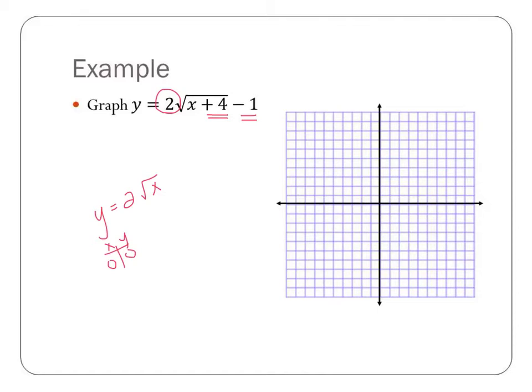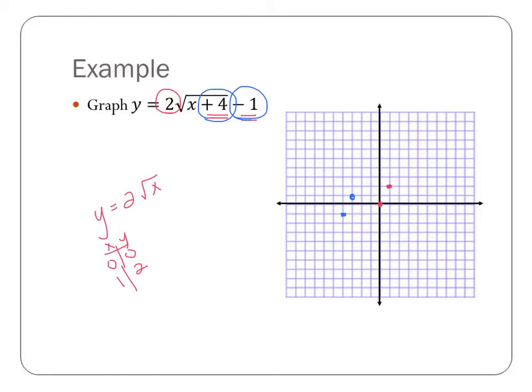And if we look at 1, which before was 1, 1, we're actually now going to get 2. So this one is going to be stretched up. In fact, it doubles. Then we move those 2 points left 4 and down 1.